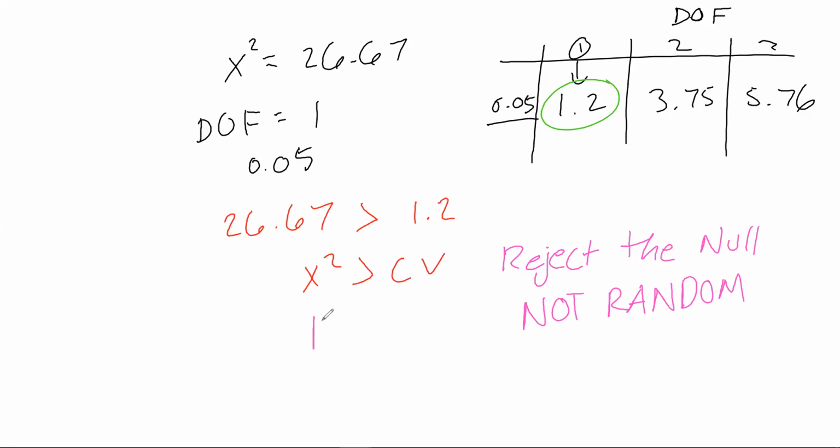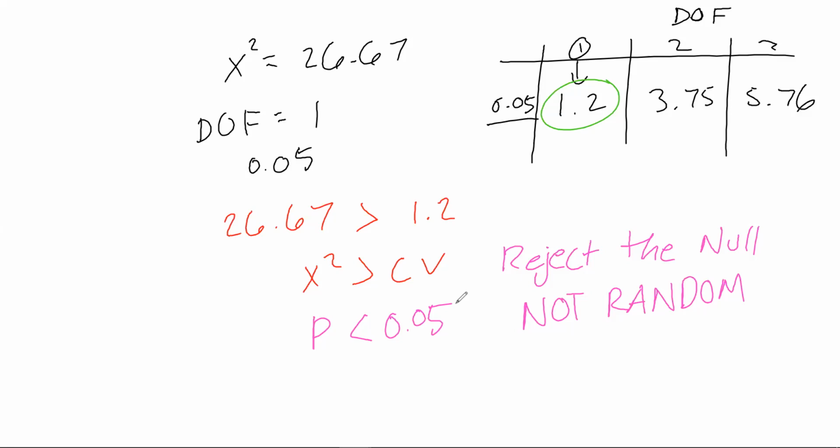And for the p-value, you do the opposite sign, 0.5. So if I reject the null, what does that mean? It means my results are not random. They are statistically significant because there is something else influencing them, right?